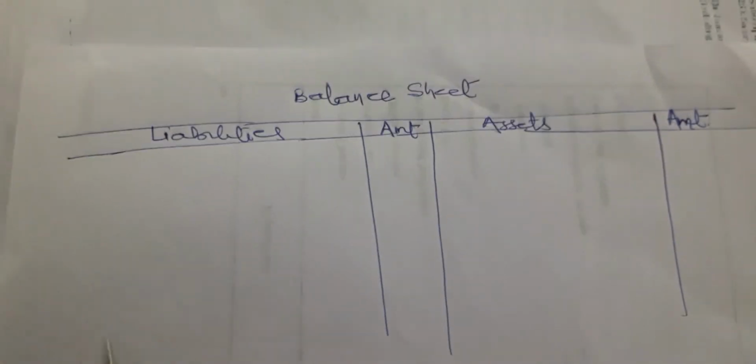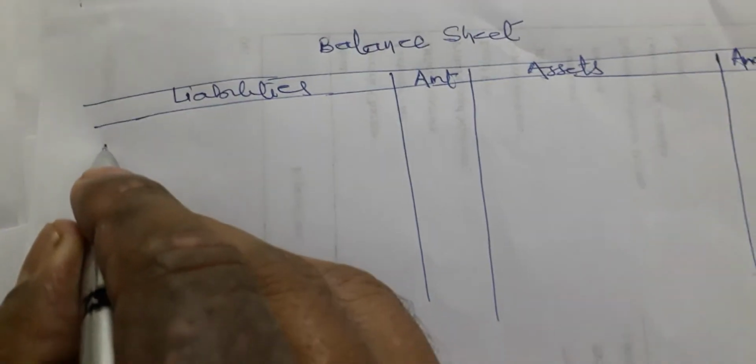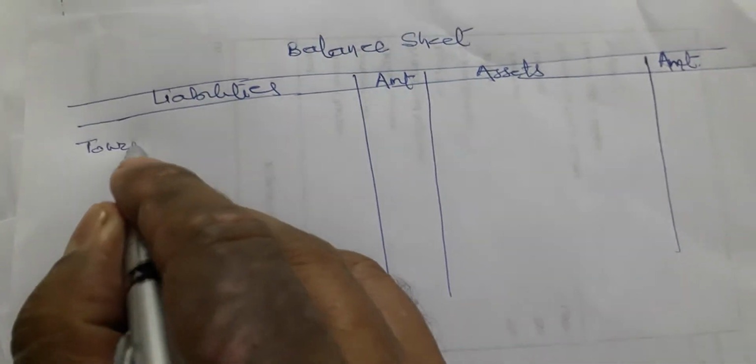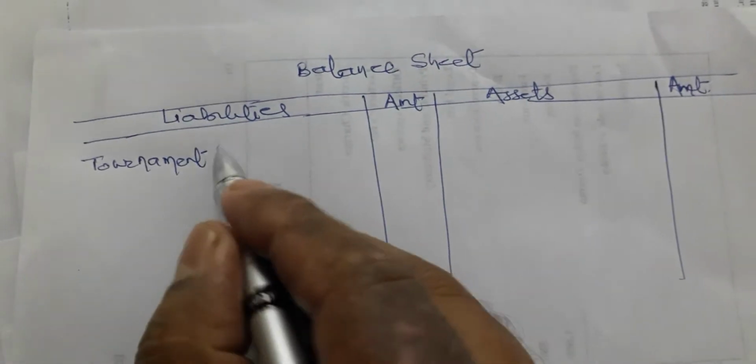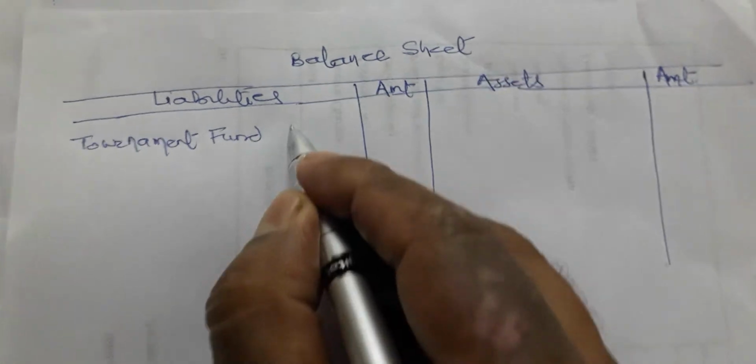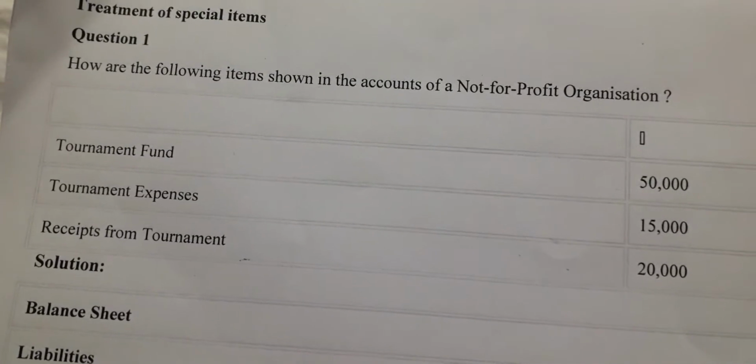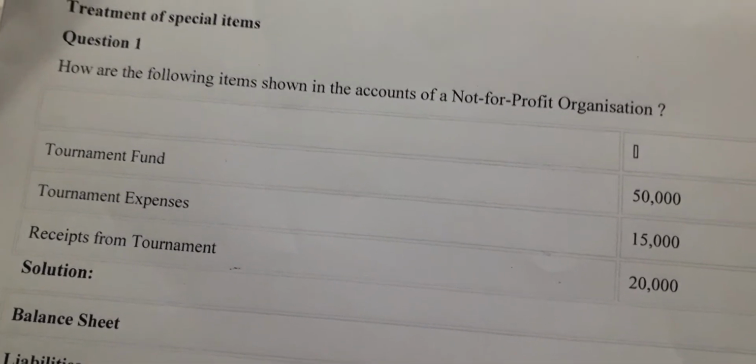So on the liability side of the balance sheet, tournament fund, amount is 50,000 rupees. Additional amount received for the purpose of the tournament is 20,000.